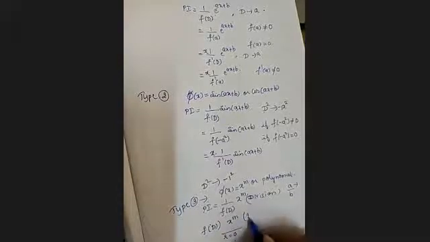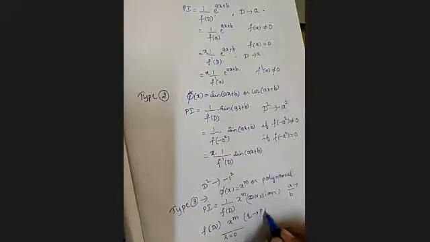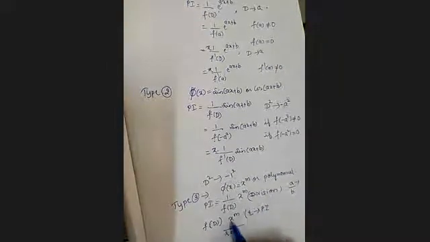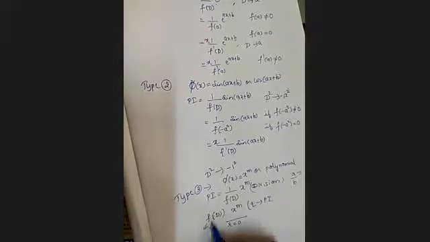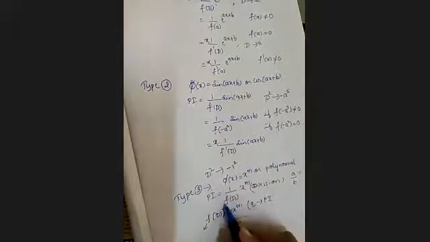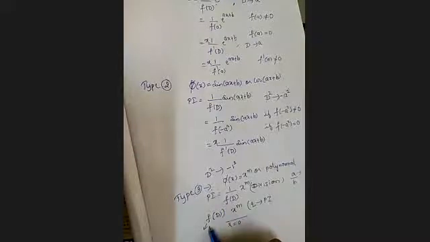Then whatever quotient you get is nothing but the particular integral. But while writing these terms, we have to maintain something. That is, f of D, a function of D, you should write in increasing power of D.